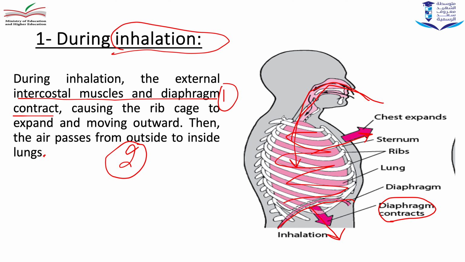Without these muscles I will have no inhalation. The inhalation of air is related to these muscles, so these muscles are very important for inhalation. Contraction of the intercostal muscles and the diaphragm causes inhalation, which is the entering of the air from outside to inside the lungs.